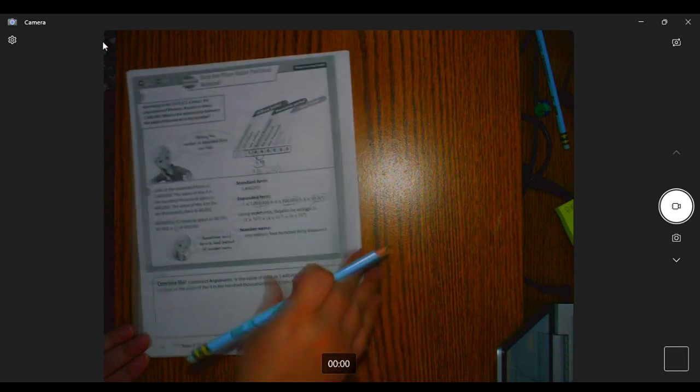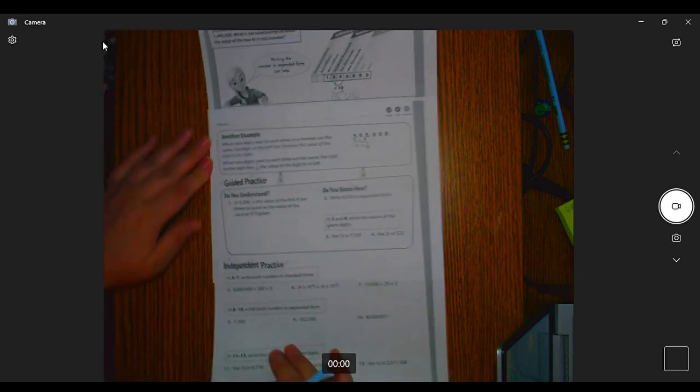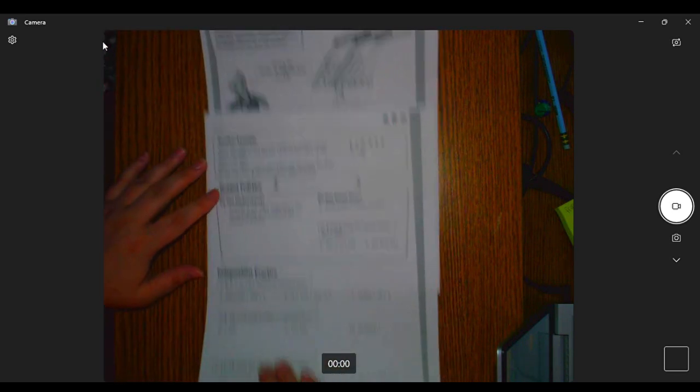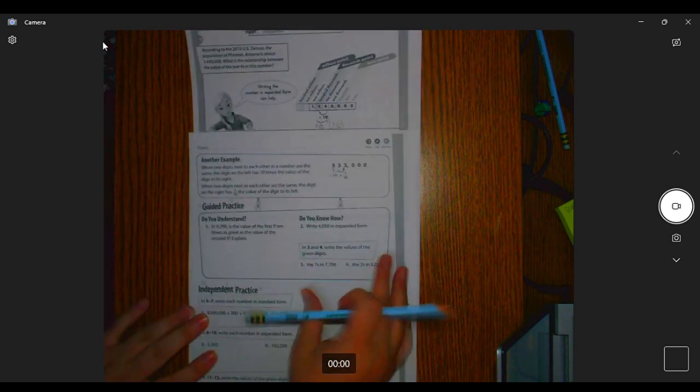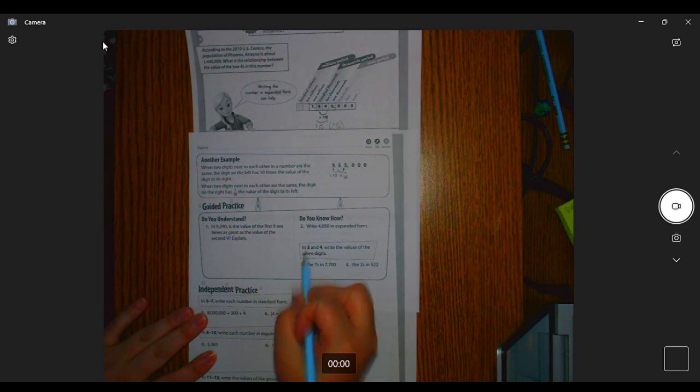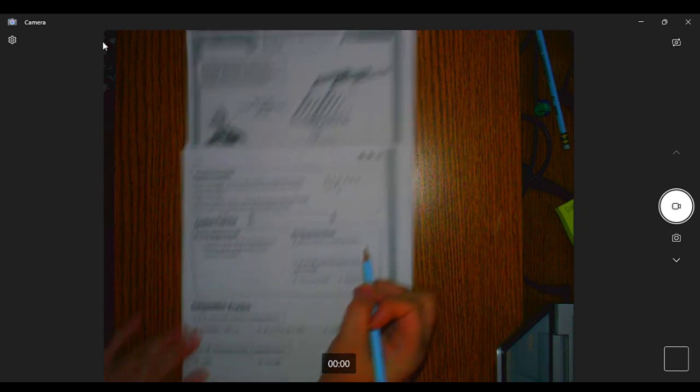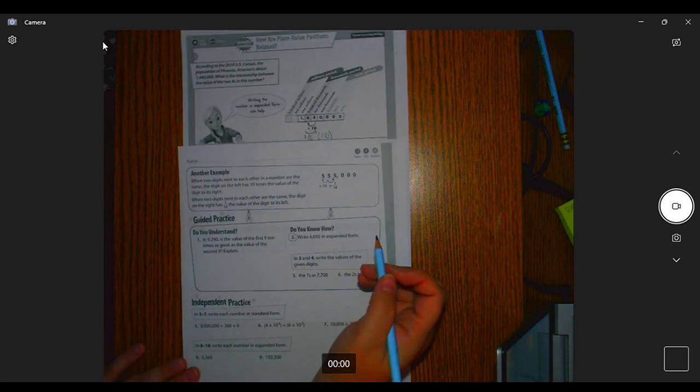Let's look at some work. Let's look at some problems and see if we can see any number patterns or relationships that might come out of place value. So I'm going to look at this one first. 4,050 in expanded form.